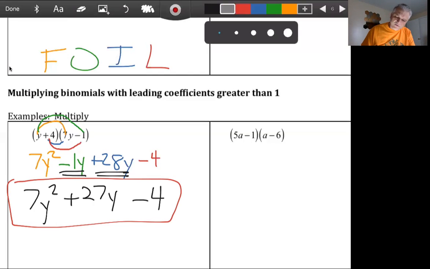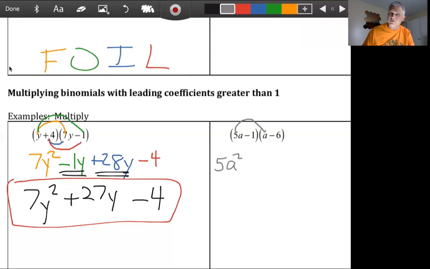All right, I'm going to take the 5a and I'm going to distribute it. I'm going to distribute it to the a first. So 5a times a is 5a squared, because a to the first times a to the first is a to the second, and 5 times 1 is 5. I'm going to take my 5a and I'm going to distribute it to the minus 6.